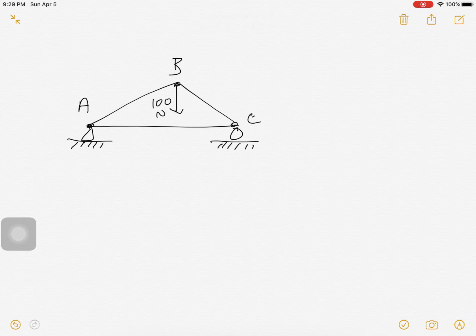We're also going to need some dimensions. So let's go ahead and say from A to B is 5 meters, and from B to C is 3 meters.